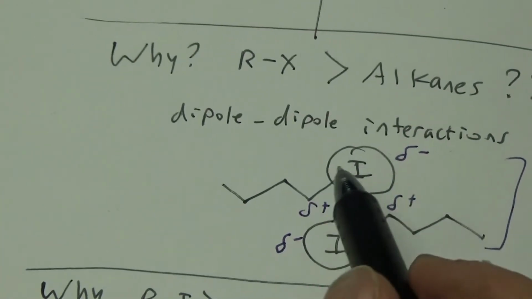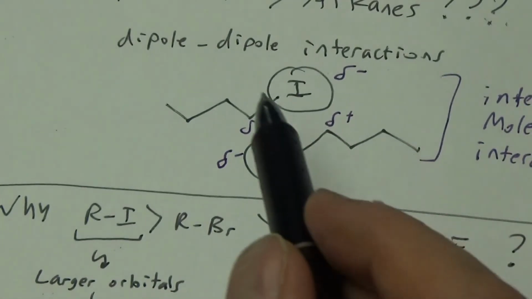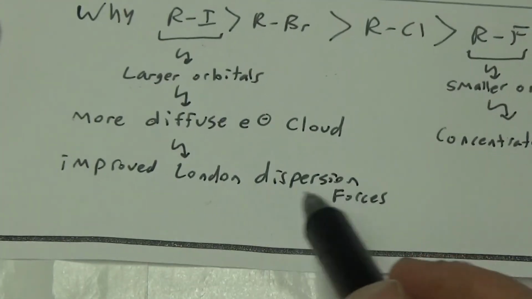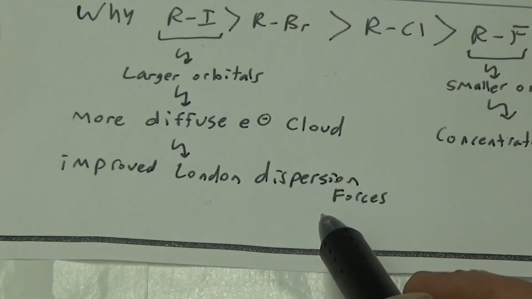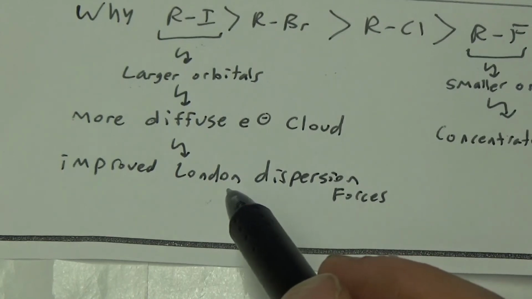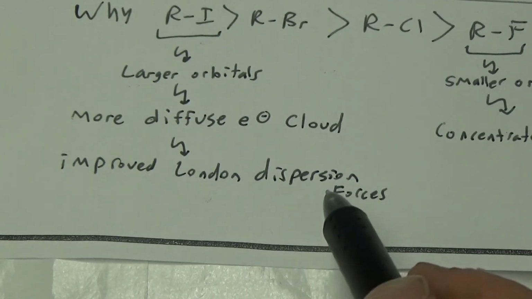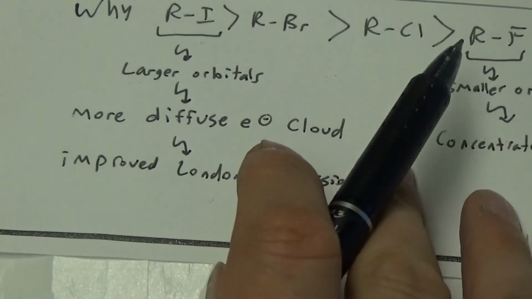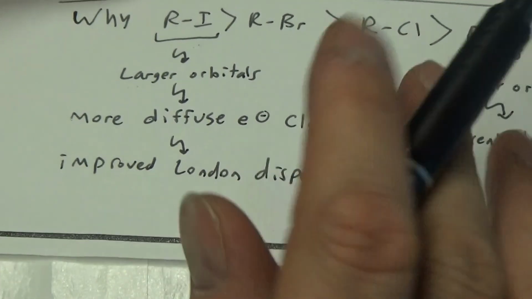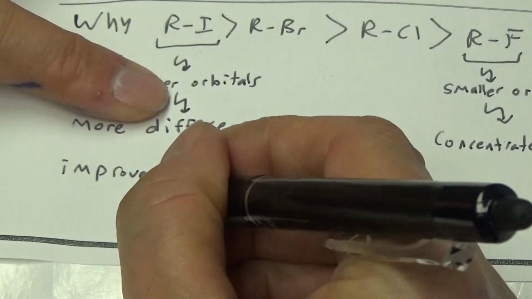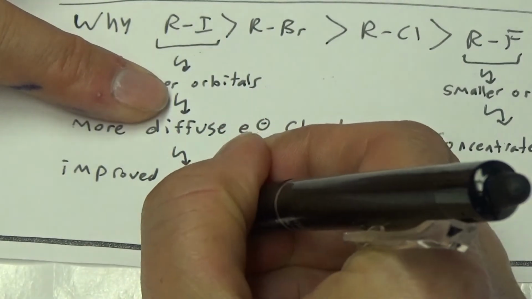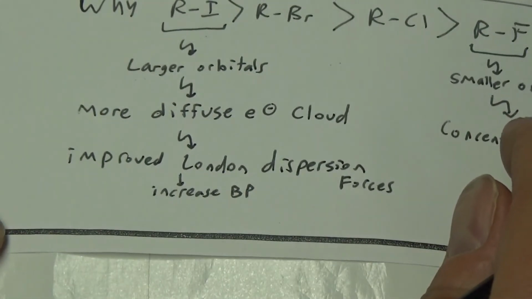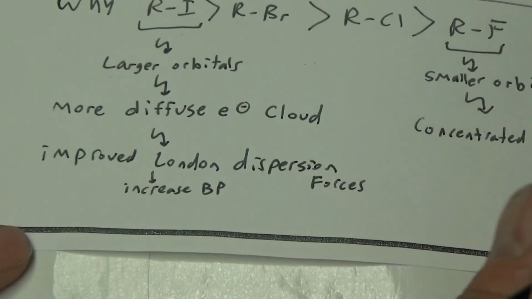These are a little different from dipole-dipole interactions. London dispersion are induced dipole. We'll talk about what that means in a second. When you have these, this will increase the boiling point because you have more interactions. You have more interactions, you have a higher boiling point.